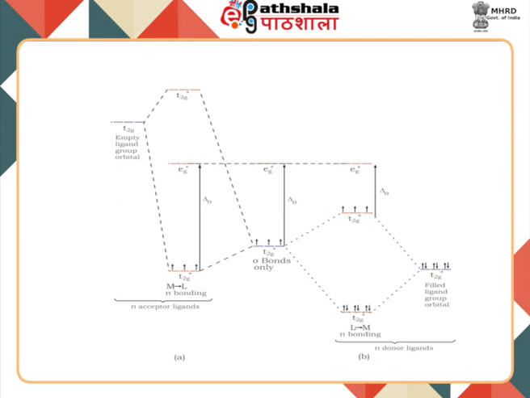When we talk about pi acceptor ligands, the delta naught value is drastically enhanced, whereas with pi donor ligands, the value is drastically reduced. Hence we can say pi acceptor ligands basically form low spin complexes, since the complexes are formed from ligands which do not have the tendency to cross the delta naught barrier.